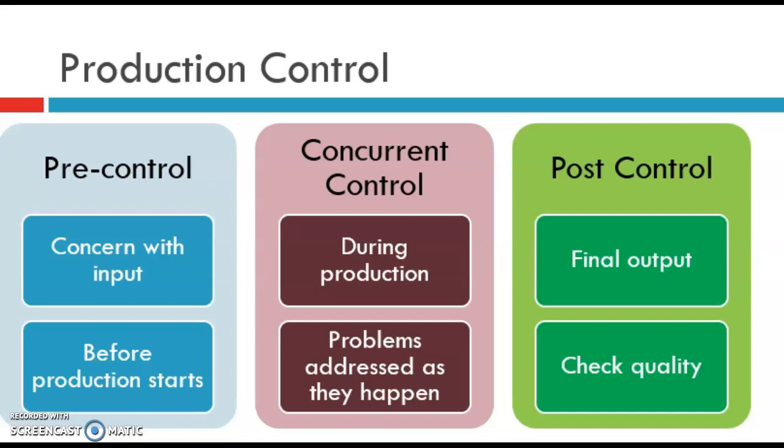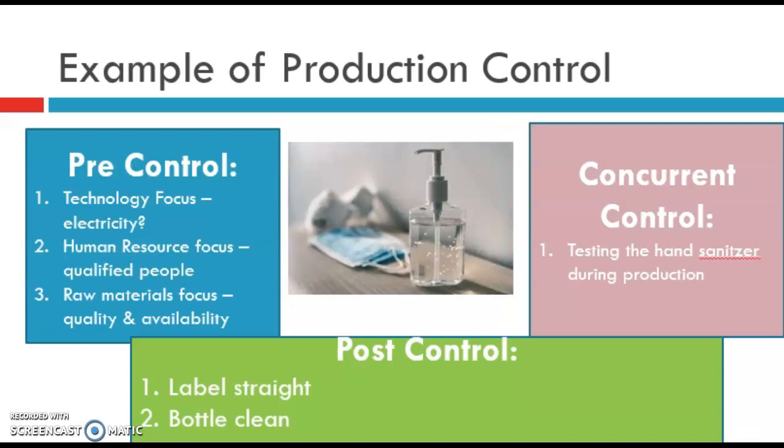So in order to understand these 3 different phases, we're going to look at an example. And let's look at an example of a hand sanitizer, right? So pre-control, you're going to look at things like, do I have enough electricity to help with combining the alcohol and the oil content and the water, right? Do I have electricity to actually run this production system?